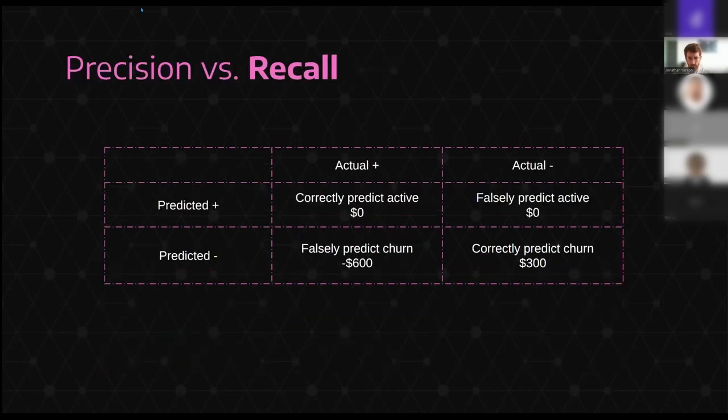At this point, we have to decide what we're measuring, precision or recall, and then this again ties into the business use case. Here, I just gave an example of churn of users, and the churn is very negatively priced, so you lose 600 for every false negative.